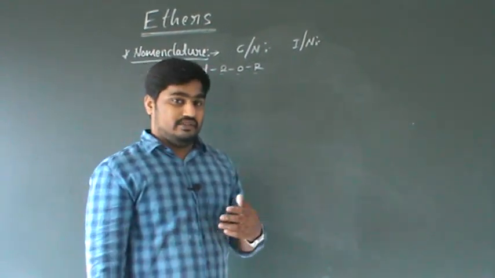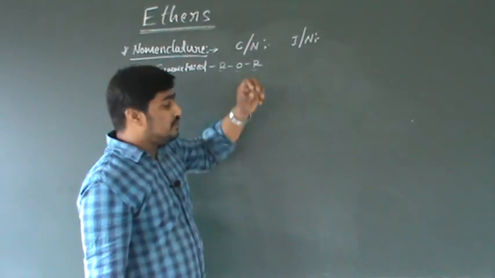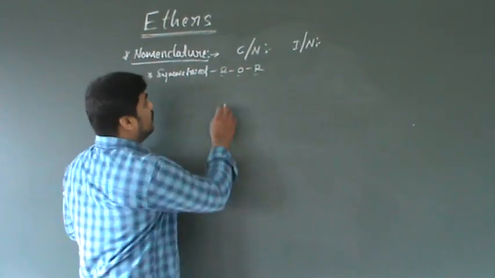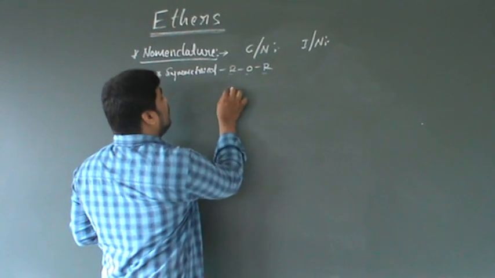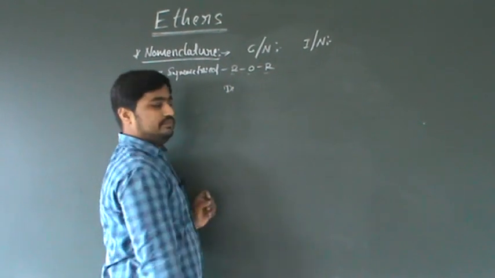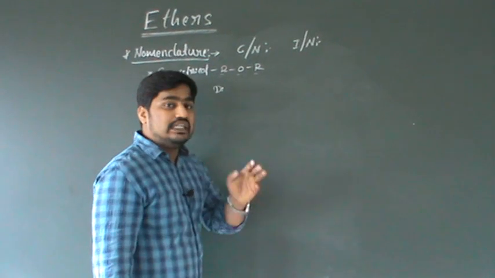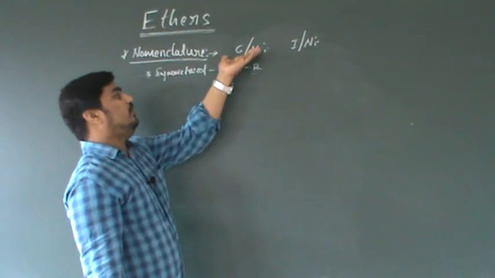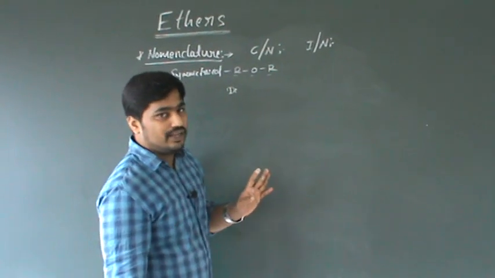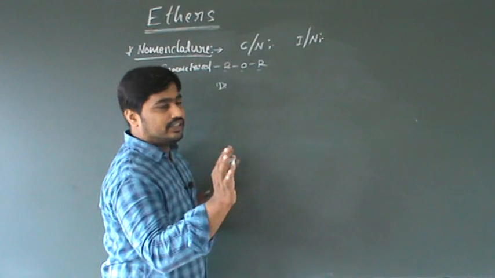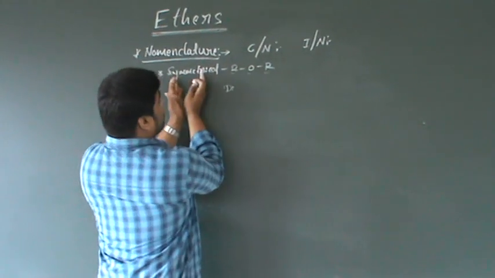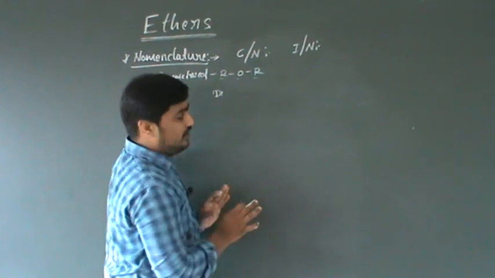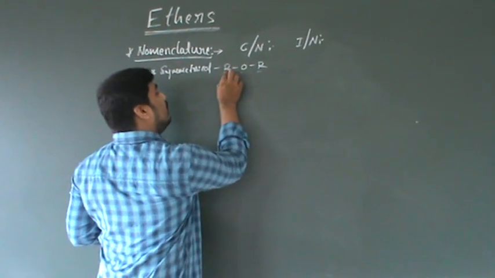Under the common naming, we observe a general naming system. If it is symmetrical, we should use di. The prefix di is used in the case of symmetrical ethers during the common naming system. It is an important thing. Next, di-alkyl.